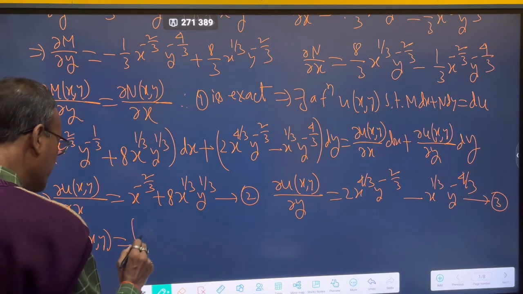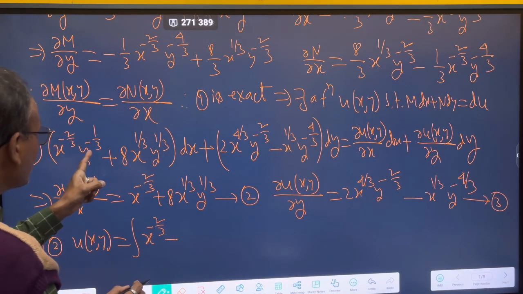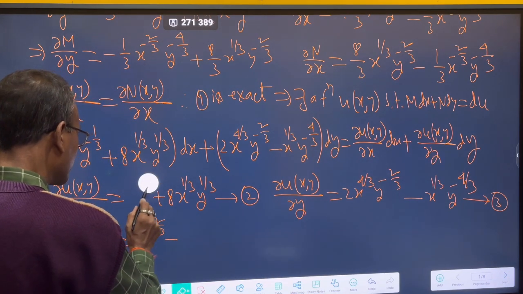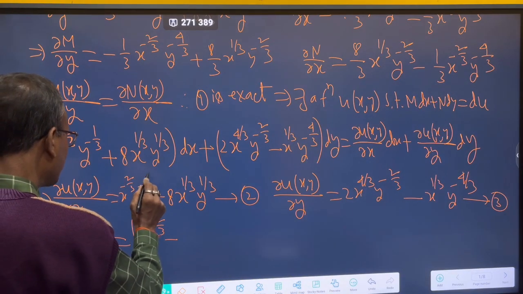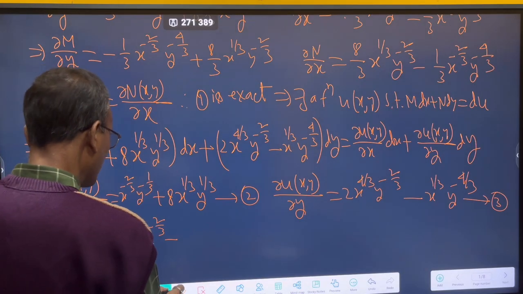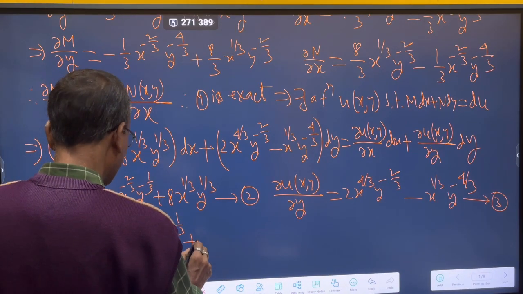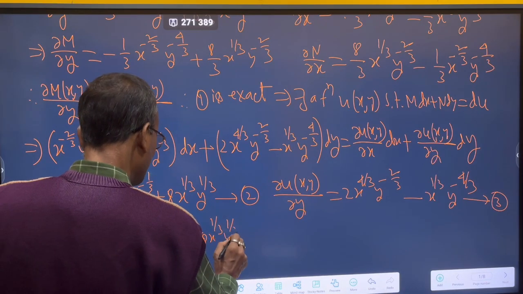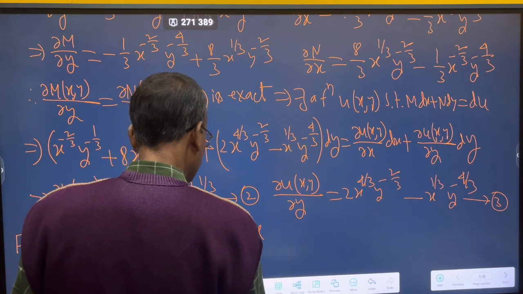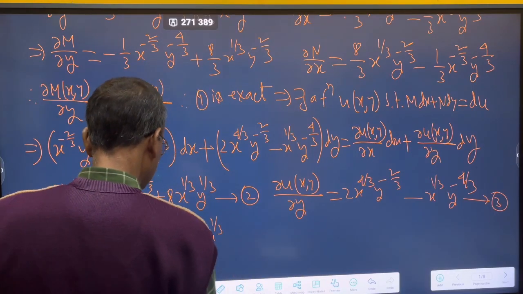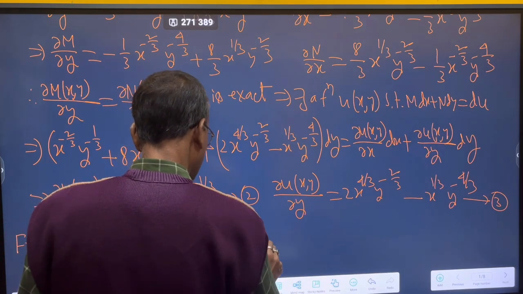u(x,y) will be equal to the integral of x to the power minus 2 by 3 y to the power minus 1 by 3 plus 8 x to the power 1 by 3 y to the power 1 by 3, integrate with respect to x, treating y as constant, plus phi of y.